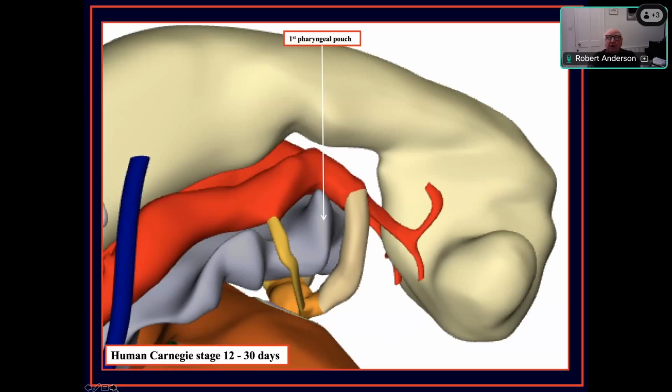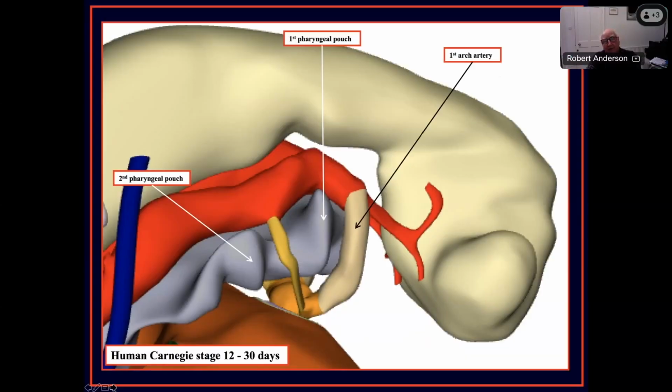And the first pharyngeal arch is cranial to that pouch, and as you see, arising from the aortic sac, percolating through this arch on the right side, we have the artery of the first pharyngeal arch. We then can see the second pharyngeal pouch, and so the second arch is demarcated by the first and the second pouches. And within that second pouch, we have the second arch artery.